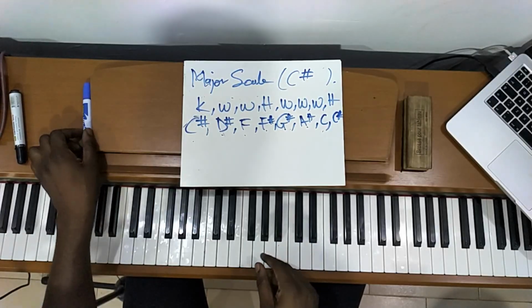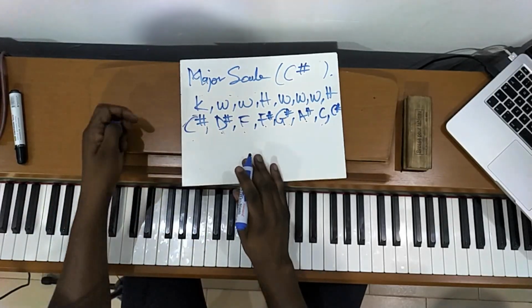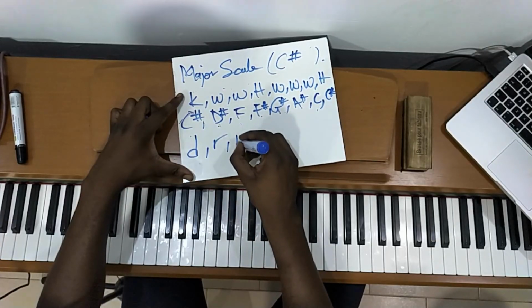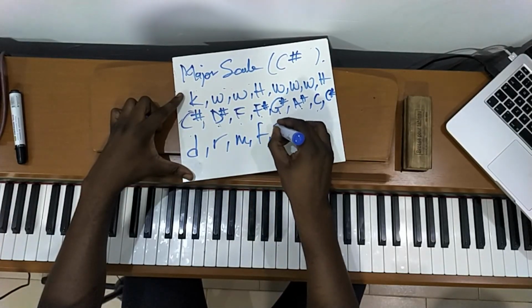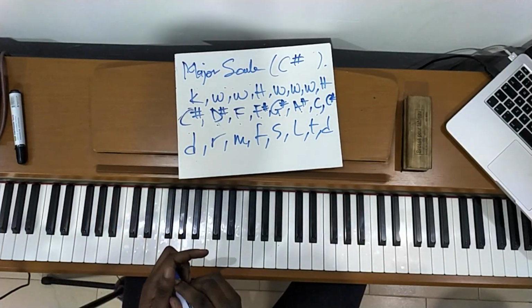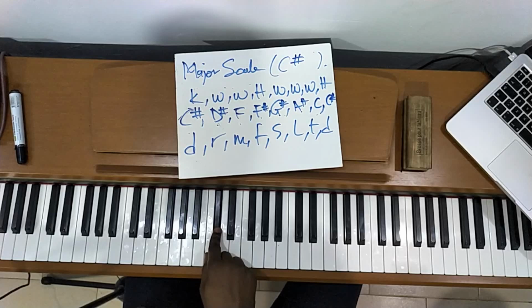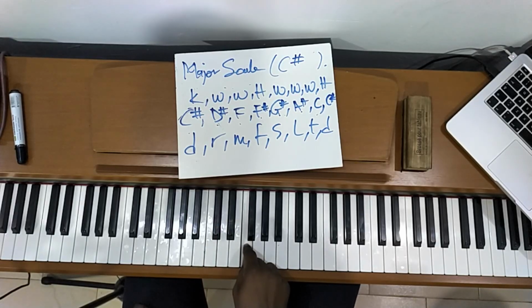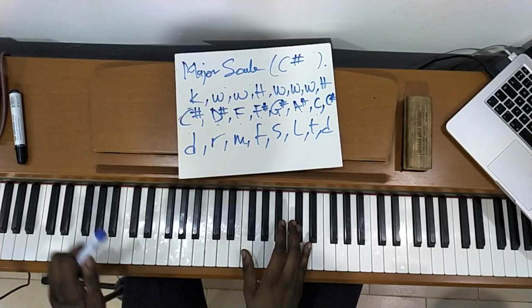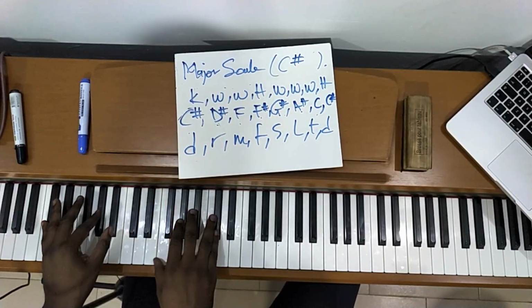So let's see if our do, re, mi, fa, sol, la, ti, do is correct. Do, re, mi, fa, sol, la, ti, do. So that's the major key for you.